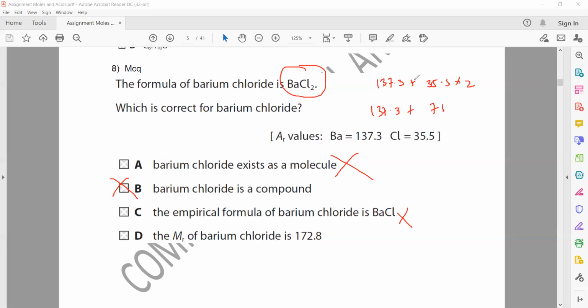So 137.3 plus 71 will be equal to 208.3, but it is written 172.8, so that is also wrong. So the correct option is B.